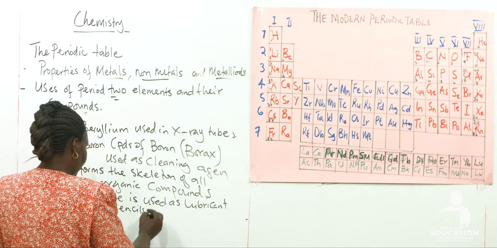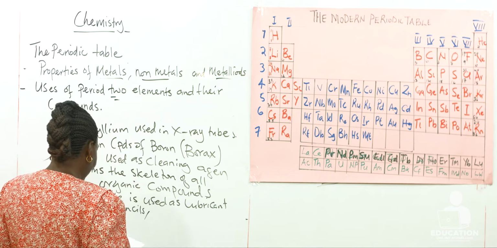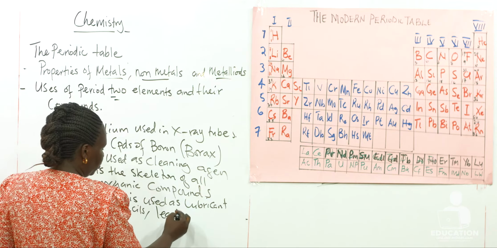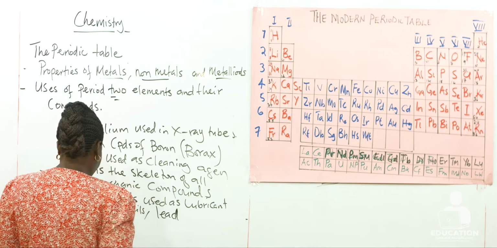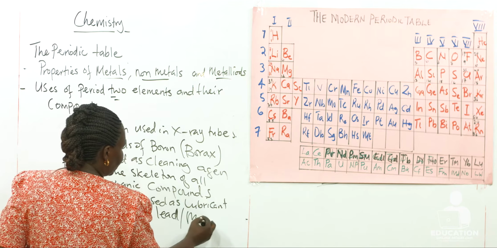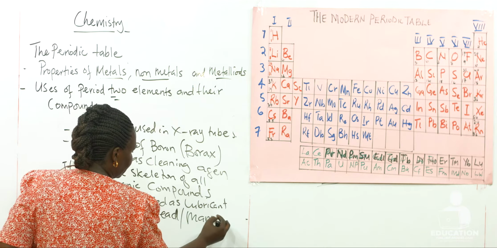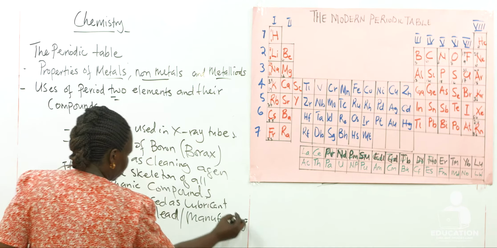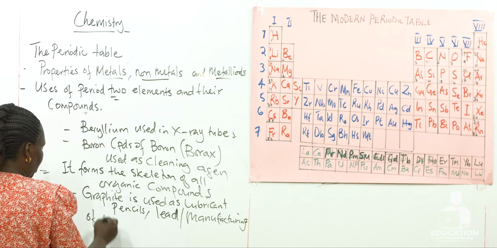Also, we can see graphite in batteries, what is called the lead accumulator. And then also carbon enters in the manufacturing of plastics.